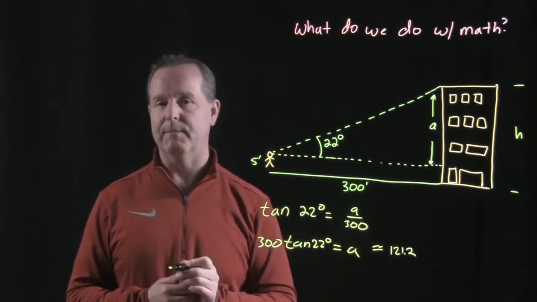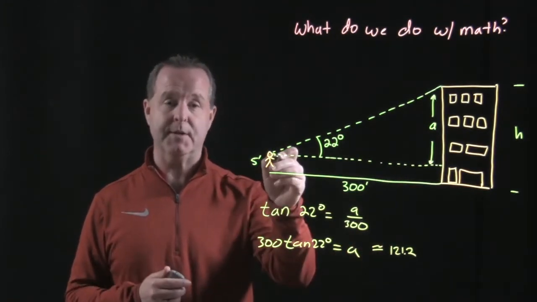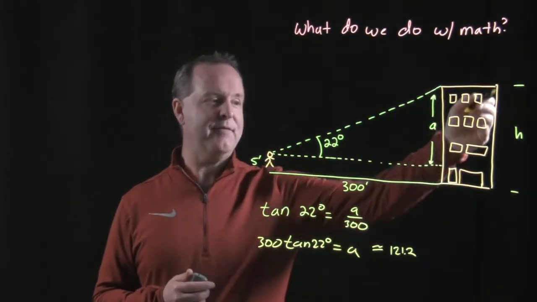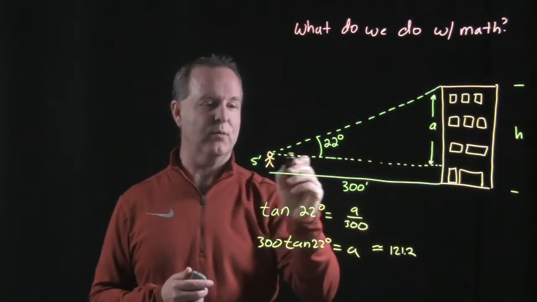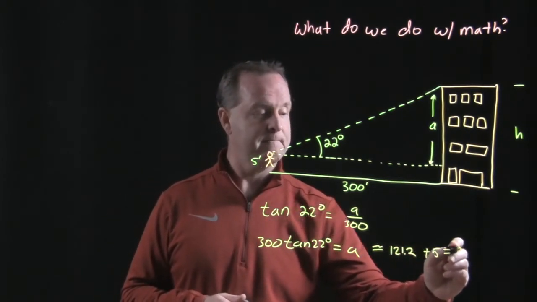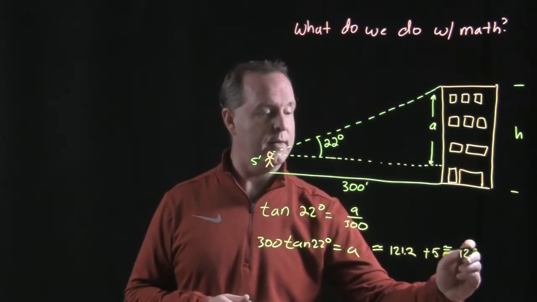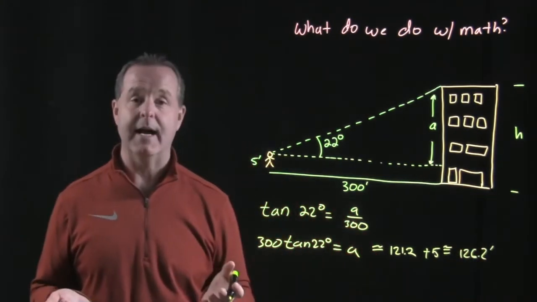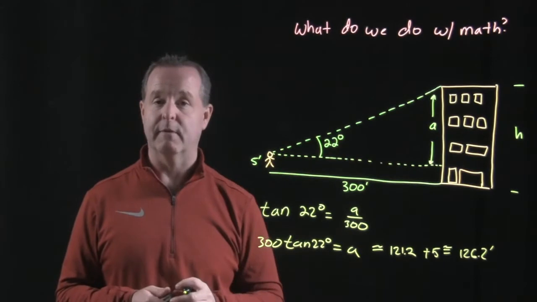This is not the height of the building. That's only the height from the top of the survey equipment to the top of the building, this height of A. I have to add this additional 5 feet right here onto that answer. So plus 5 feet equals approximately 126.2 feet. And that's the height of the building using some of our trigonometry.